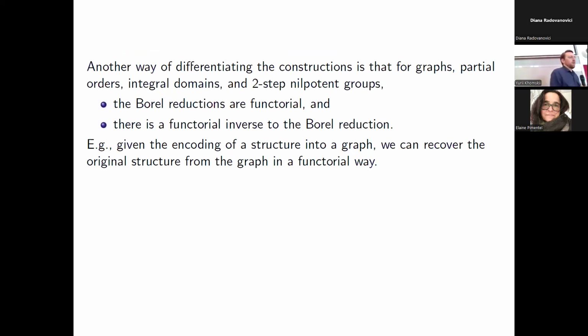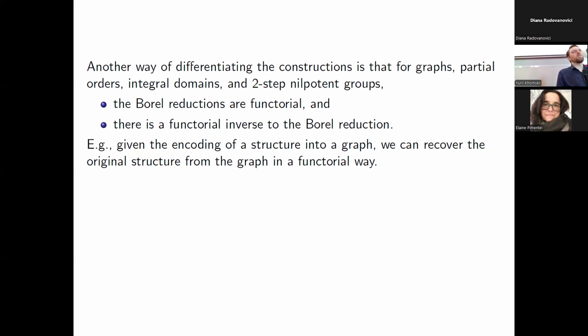Another way of differentiating it is to look at the inverse of the map. So on the one hand, you have this Borel reduction from one thing to another, and usually that's going to be functorial. So if you had some isomorphism between the original things, it'll transfer to an isomorphism of the things you constructed. But for these nice examples, there's also an inverse, right? We could find the original structure inside the graph.